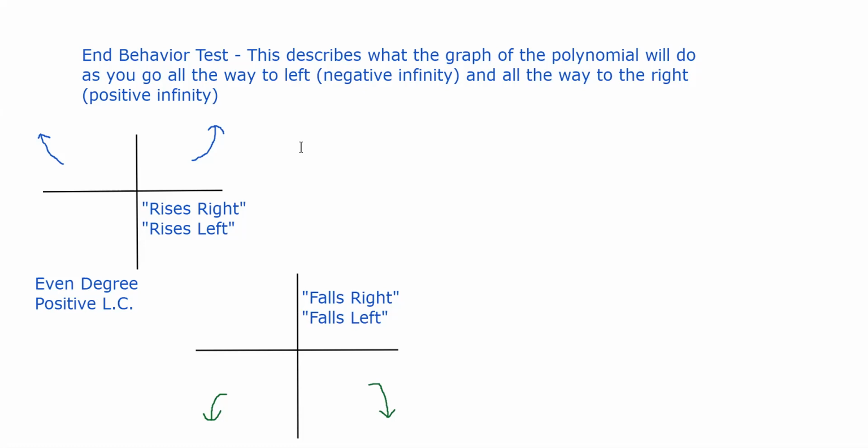But this is going to happen whenever you have still an even degree, but now a negative lead coefficient. So even degree polynomials go in the same direction with each other. Either they both rise, they both go up, or they both go down together.